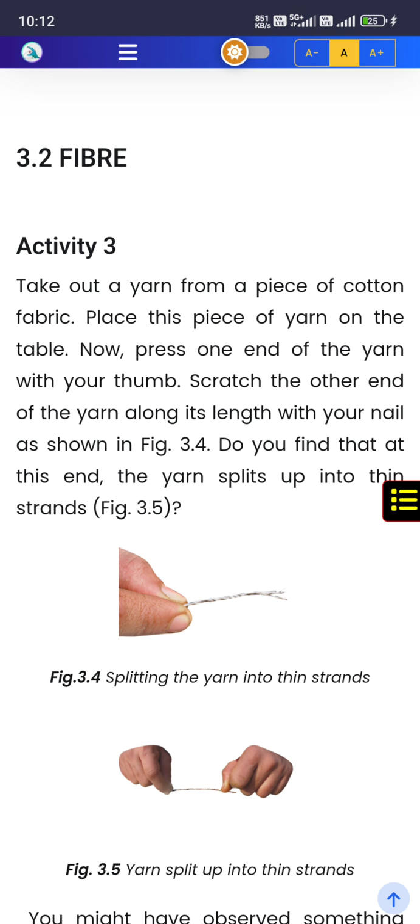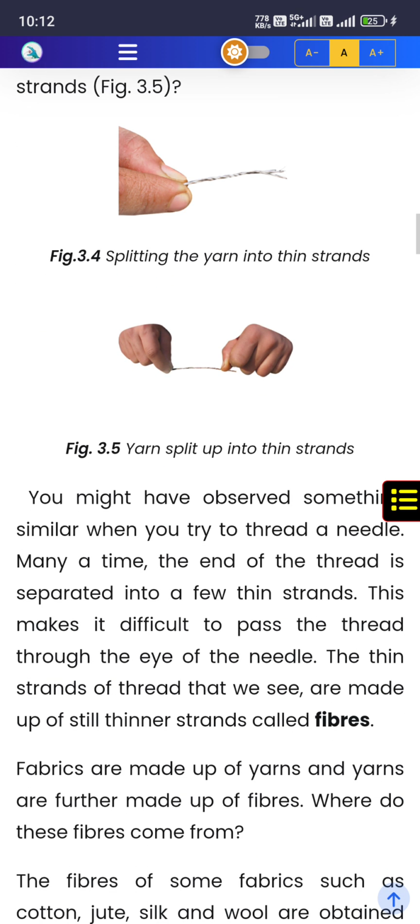You will see that the yarn splits up into thin strands, right? These thin strands are called fiber. All these strands are arranged together, woven together to make a bigger fabric.